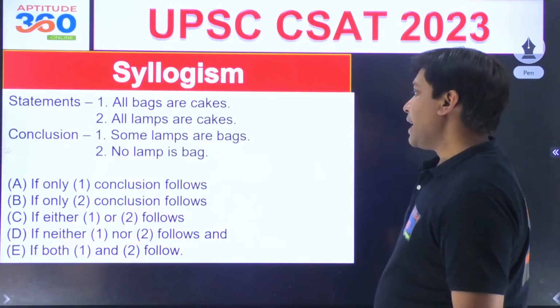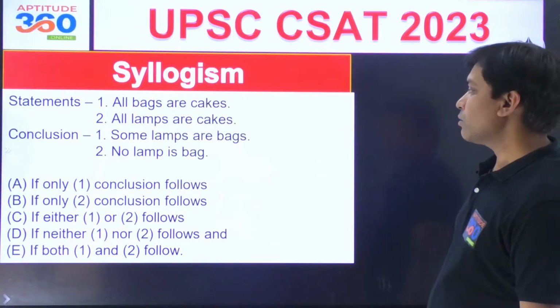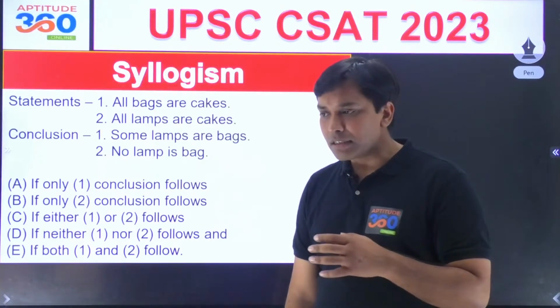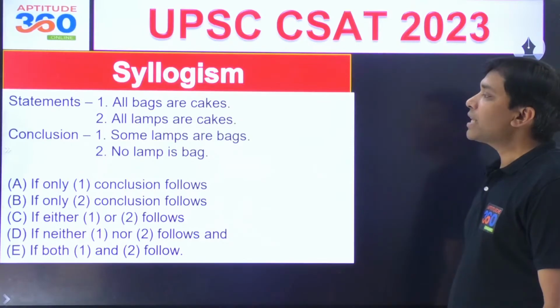All bags are cakes, all lamps are cakes. Some lamps are bags, no lamp is bag. So it's a bit different problem. What is that we should do in this problem?